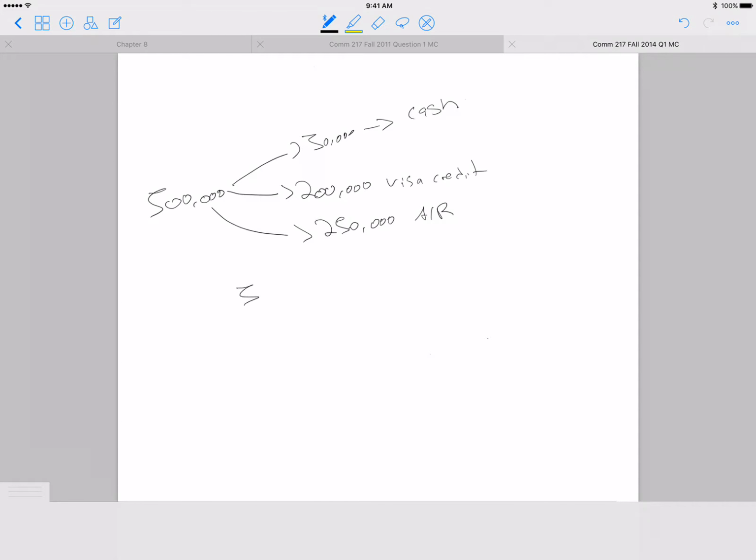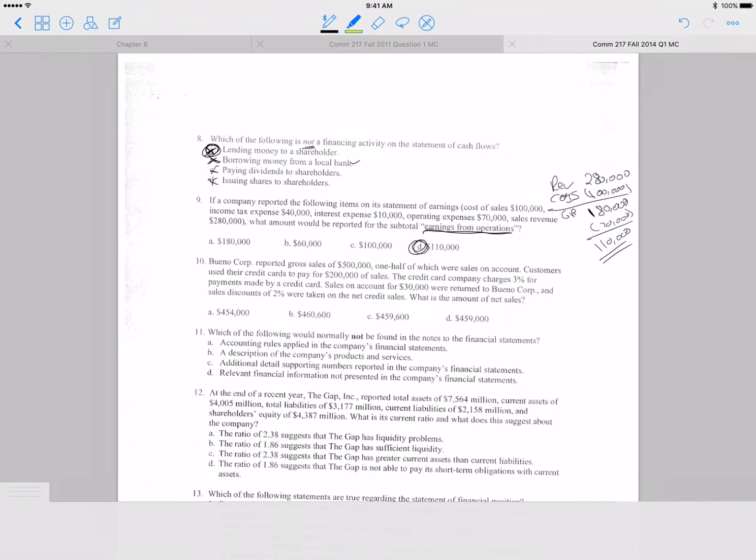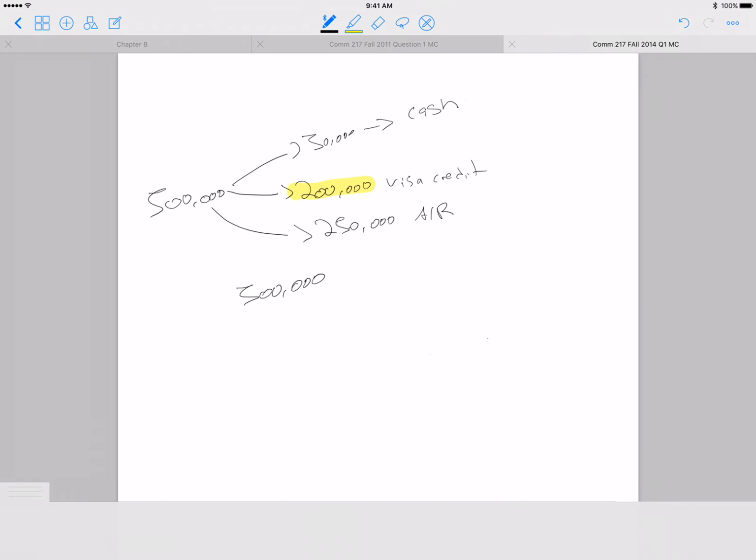So if we start off with 500,000 of the gross sales, we know that from the 200,000 we have, as it says, a 3% charge. So we owe Visa 3% of the 200,000. So if we subtract the 200,000 times 3%, that gives us 6,000.